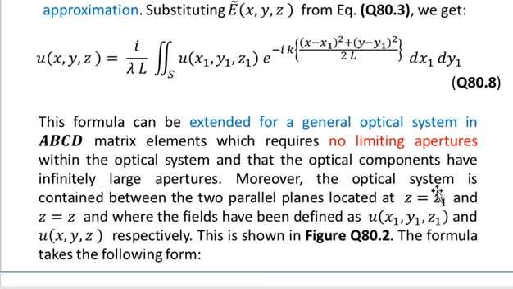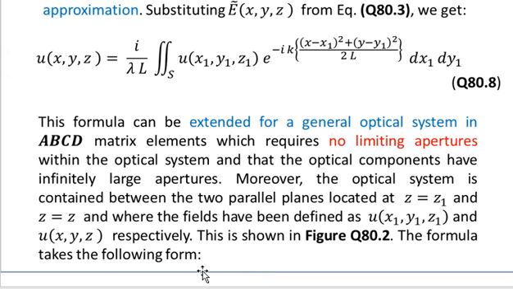Moreover, the optical system is contained between the two parallel planes located at z equal to z1 and z equal to z, and where the fields have been defined as u of x1, y1, z1 and u of x, y, z respectively, where u of x1, y1, z1 is the field at point P1 and u of x, y, z is the field at the point of observation P0. This is shown in figure number 2.